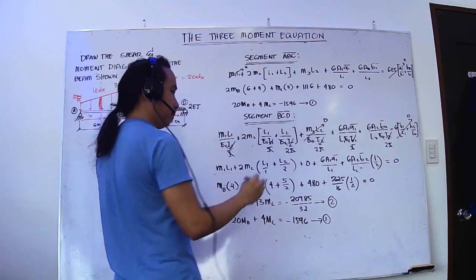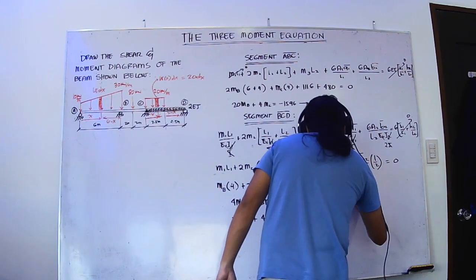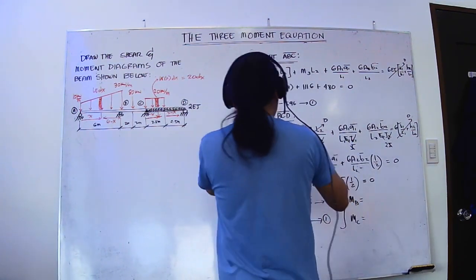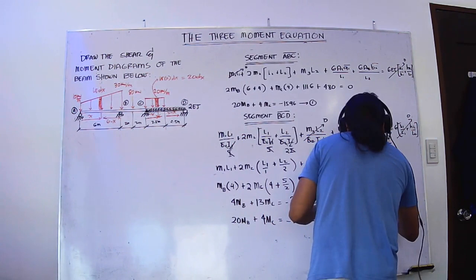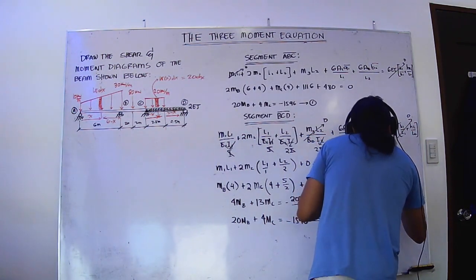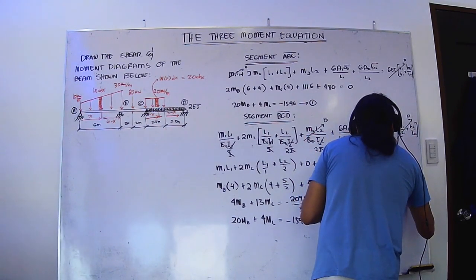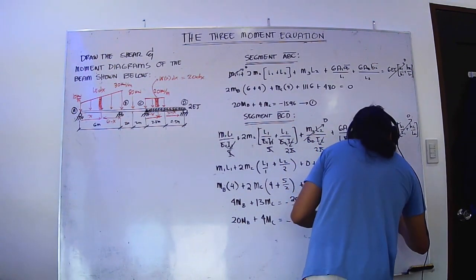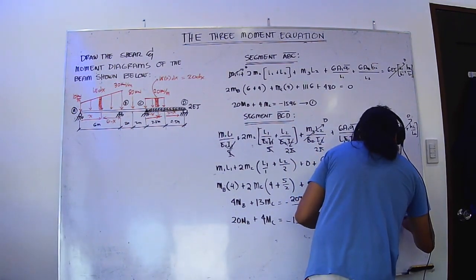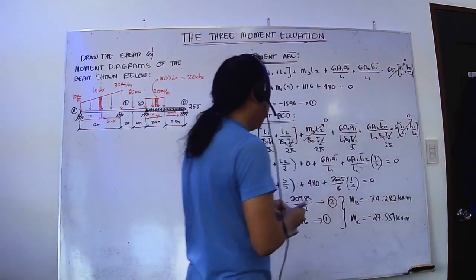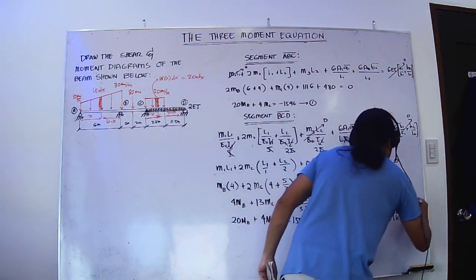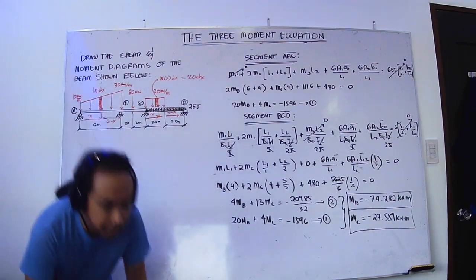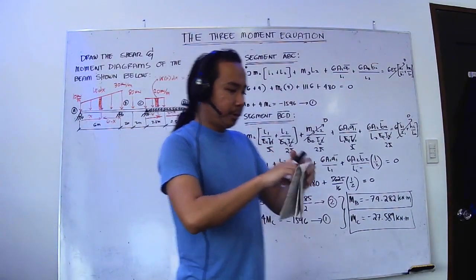MB is equal to negative 74.282 kilonewton meter, and MC is negative 27.589 kilonewton meter. Okay, so we have the internal moments for MB and MC. I hope you were able to capture this.